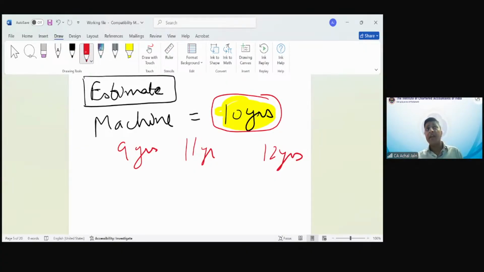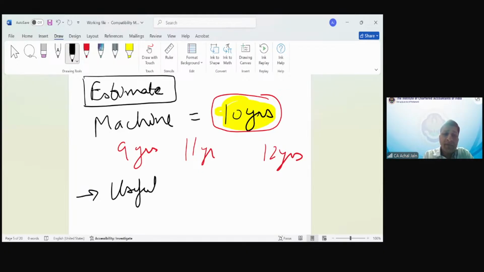See, for an estimate, we can say 100% accuracy is not there. Not possible, in fact. So you will take assumptions to get on to the approximation. Yes or no?